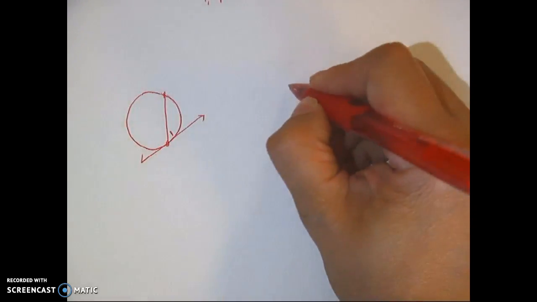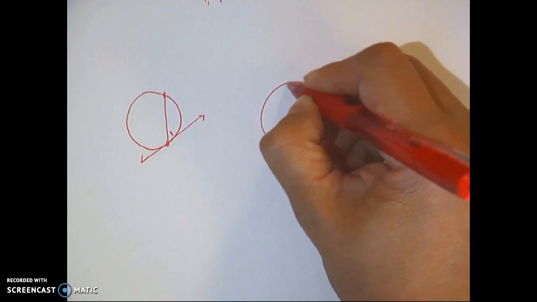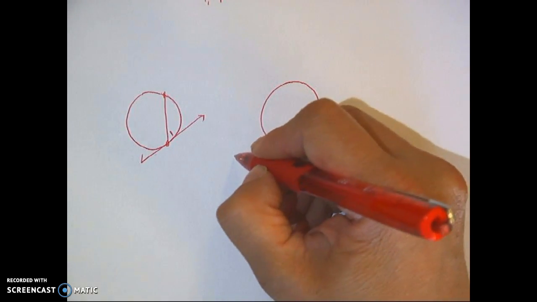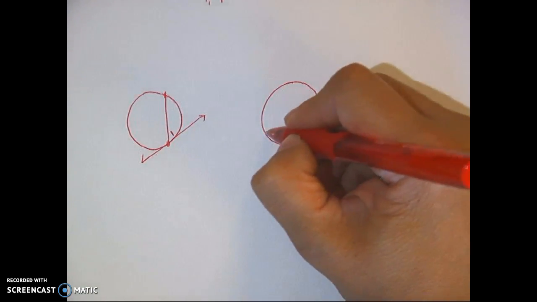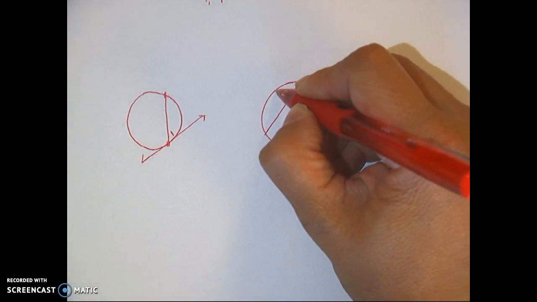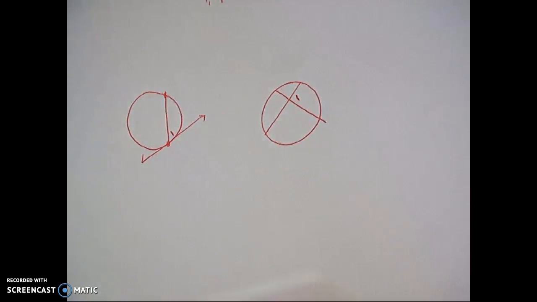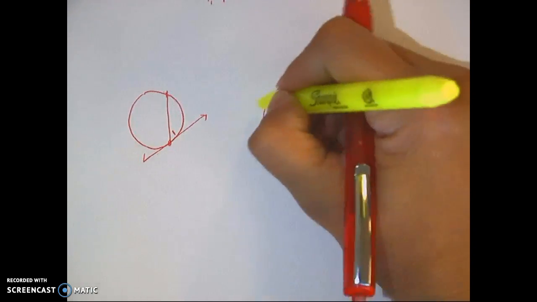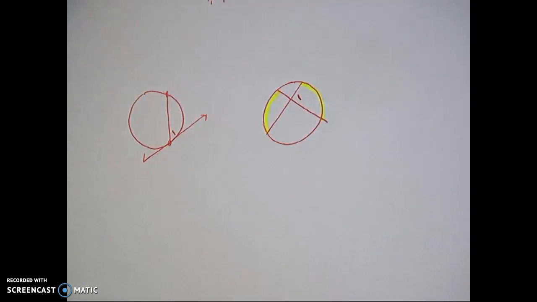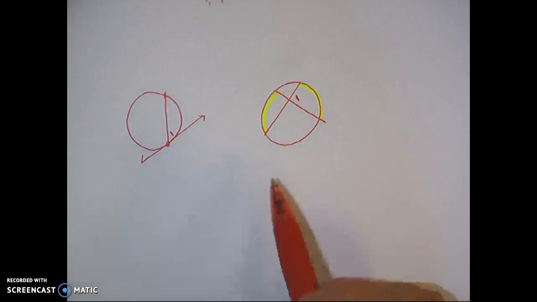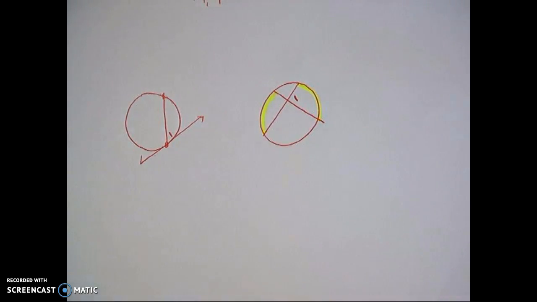We have another angle relationship that happens when you have two chords that intersect, which means that this angle is half of the sum of its intercepted arc and the vertical angle's intercepted arc. So you add the two arcs together and divide it by 2.